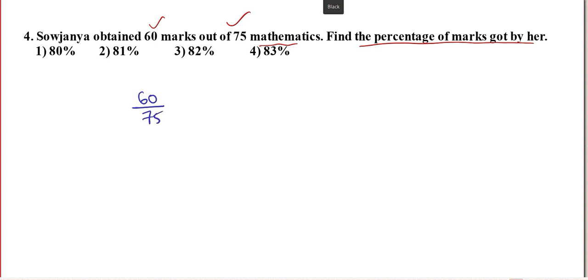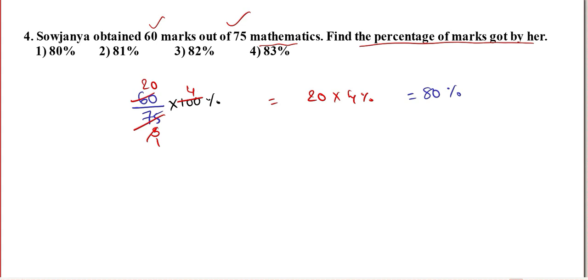As it is a fraction, to convert this fraction into percentage, you should multiply it by 100 and take a percentage sign. We all know that it is divisible by 25. 25 3s are 75, 25 4s are 100. So 20 into 4, that is 80 percentage is the correct answer. So if you observe the answer options, go with the first option as the correct one.